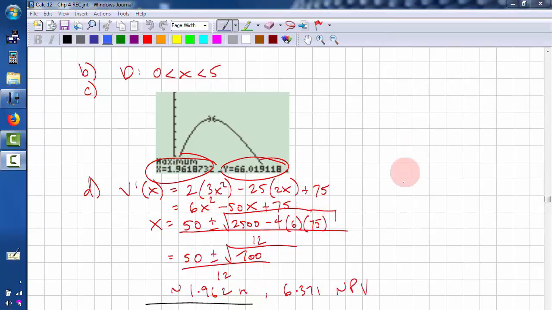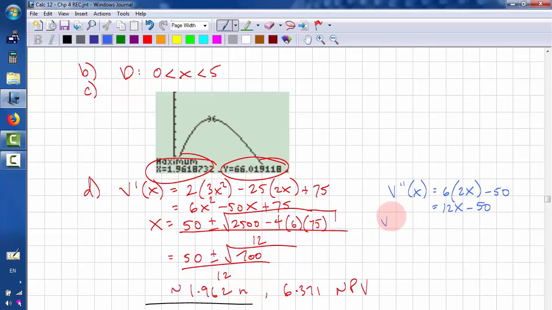We'll just do a second derivative test. V double prime of x equals 6 times 2x minus 50. Simplify that to 12x minus 50.